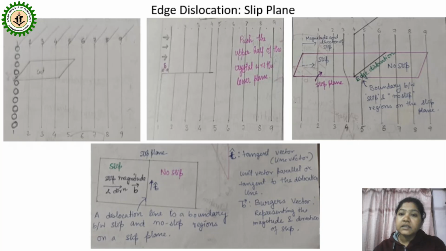Again, as the diameter is very low, much lower than the length of the distortion, that's why it is called a line defect. And as it happens by cutting the plane, by slipping or sliding the plane, that's why it is called slip plane.